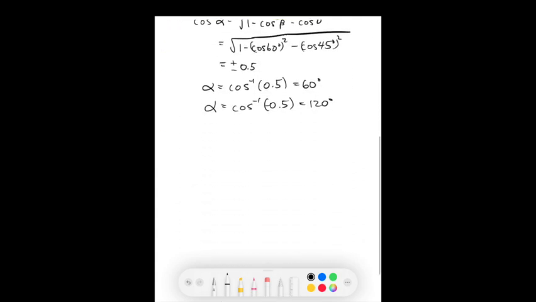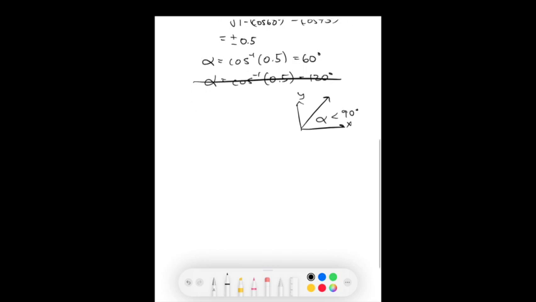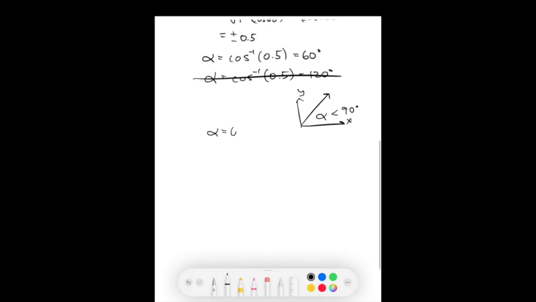In other words, if we look here at x and y, it's pointing in this direction. So alpha is less than 90 degrees, and this option will not work for us. So the answer in this case is alpha is equal to 60 degrees.